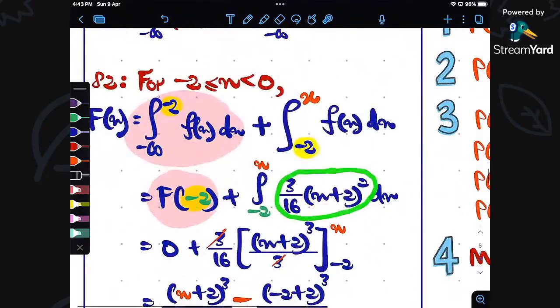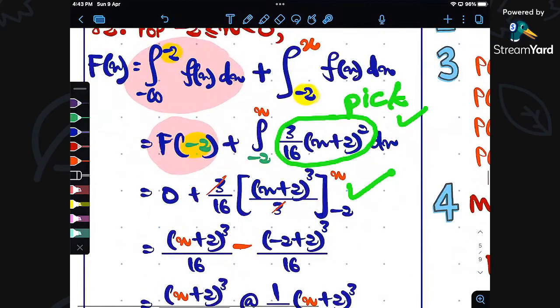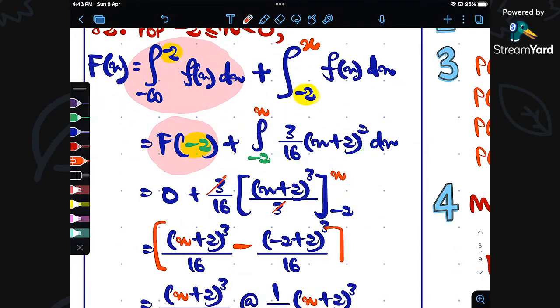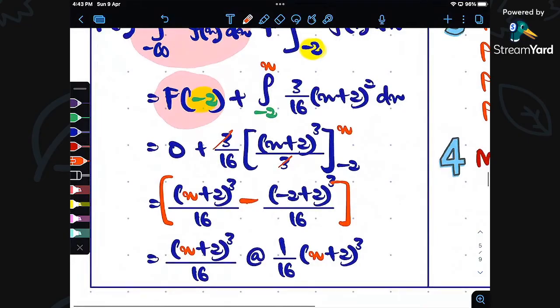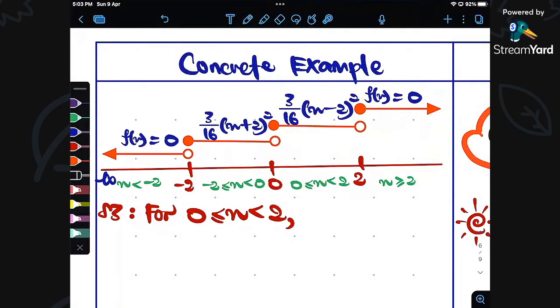After you pick the correct function, you will start to integrate it slowly and nicely, and then you will get your answer. Final answer is this one, or this one. Up to you. Which one do you want to choose? Both are correct.